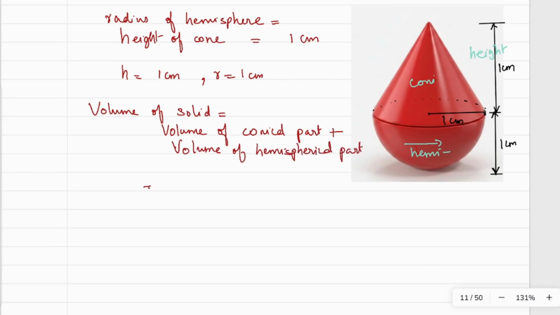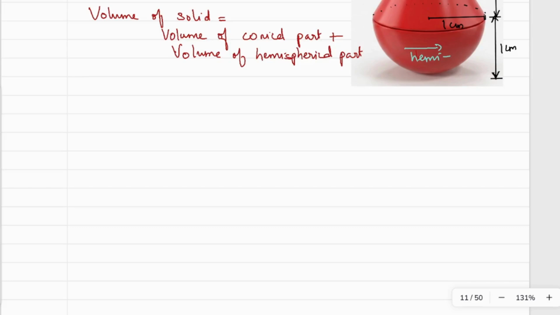We will add them together. The volume of a conical part is 1 by 3 pi r square h, plus the volume of the hemisphere, which is 2 by 3 pi r cube.